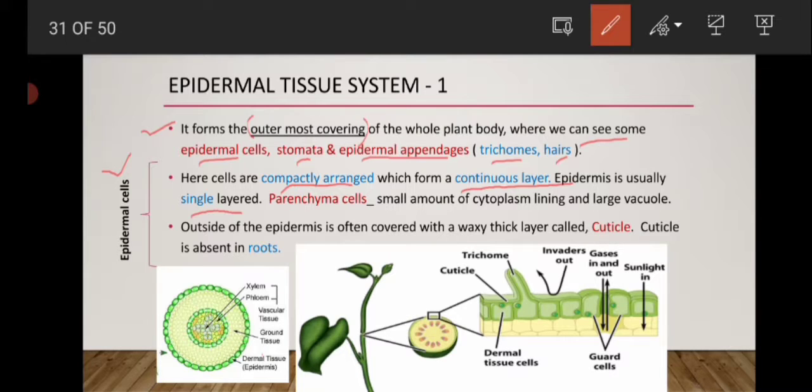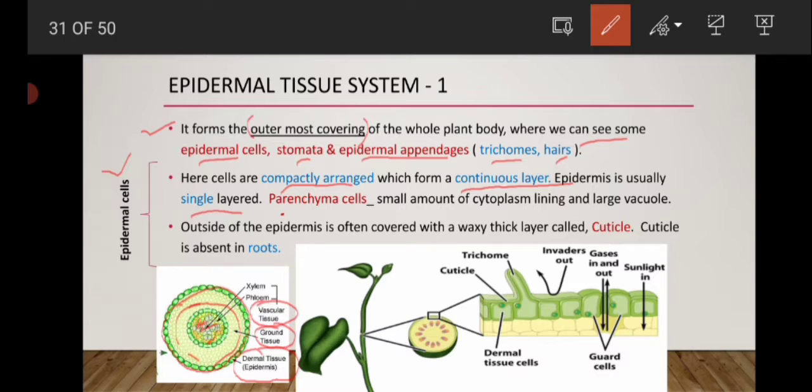Here you can see the dermal tissue or the epidermal tissue has a single layer of cells, but in ground tissue or in vascular tissue we can see several layers of cells. So you have to remember this, epidermis is only single layered.